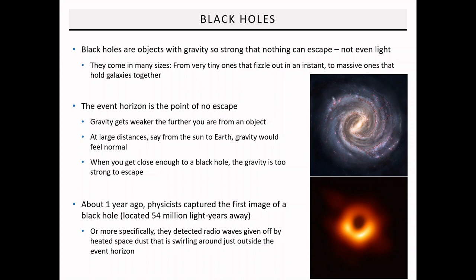Black holes come in many sizes. You can have very, very tiny ones that can fizzle out in just a brief instant, a few nanoseconds. And you can also have massive ones that essentially last forever, and they're even big enough to hold galaxies together. The picture in the top is an artistic rendition of the Milky Way galaxy, our galaxy.